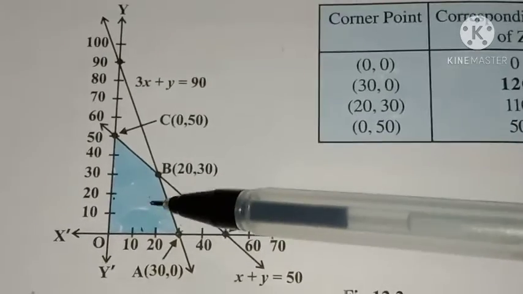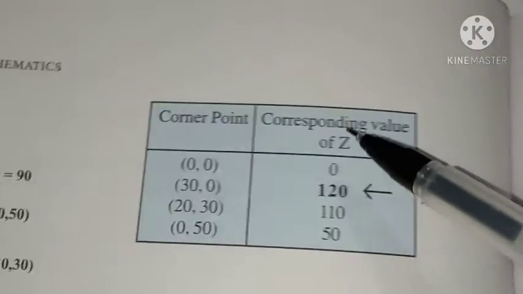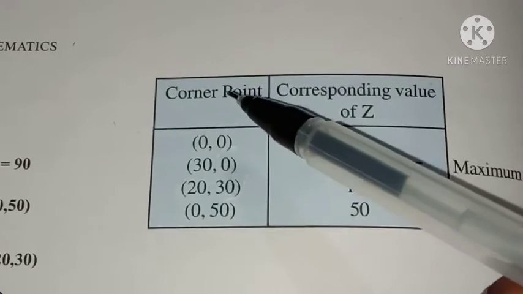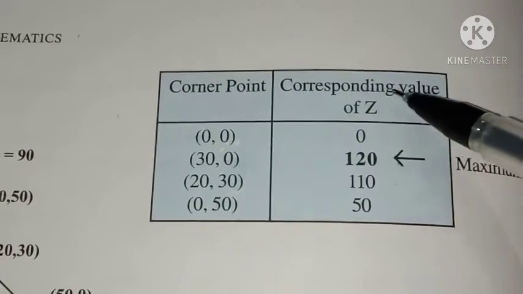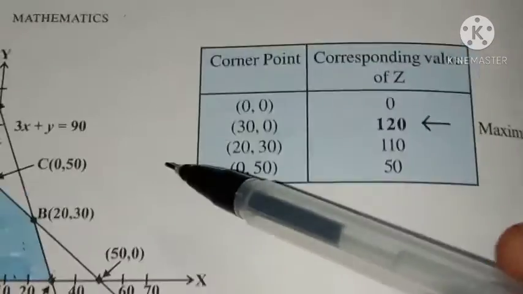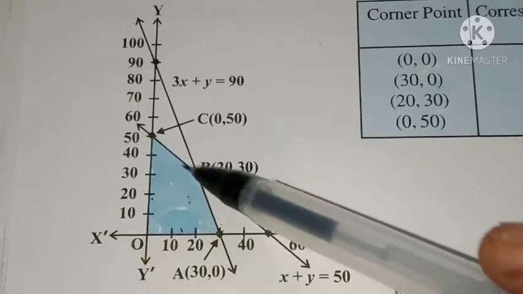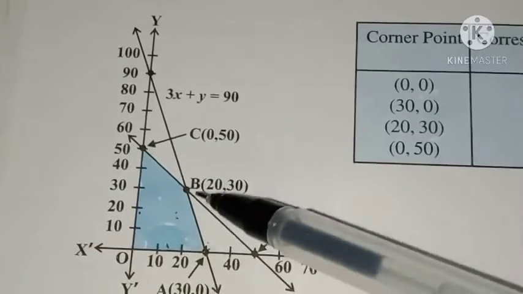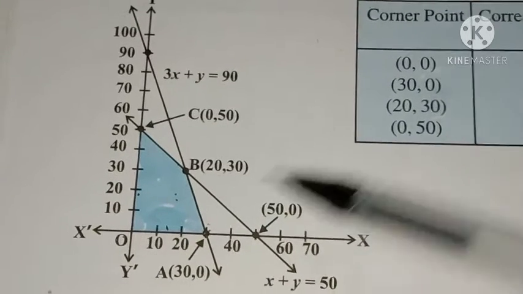Now after finding the feasible region, we have to make a table like this. The first column stands for corner points and the second column stands for the corresponding value of Z. Look at the figure. Corner points means O, A, B, C. The coordinate of O is 0, 0.